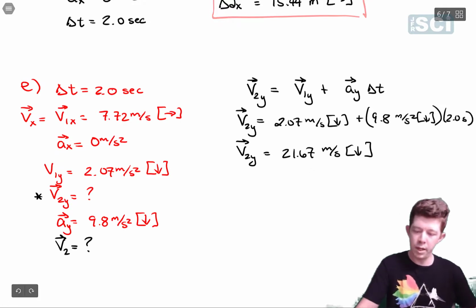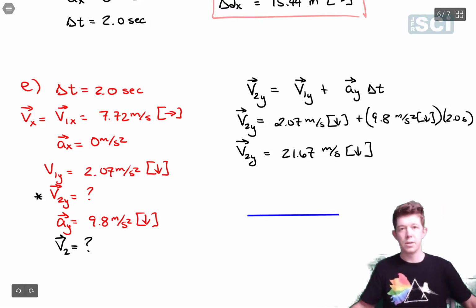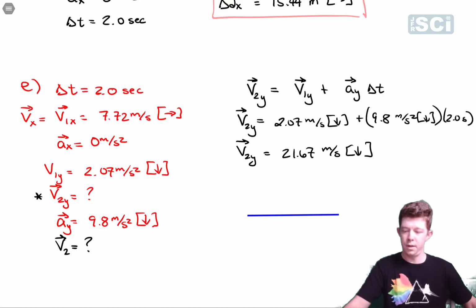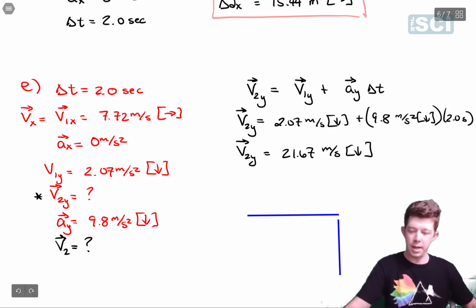Okay, so drawing what we have here, if I draw this out, my horizontal velocity doesn't change because there's no acceleration horizontally. And if I draw my vertical, it has sped up. So my vertical velocity at the end is 21.67 meters a second downwards.